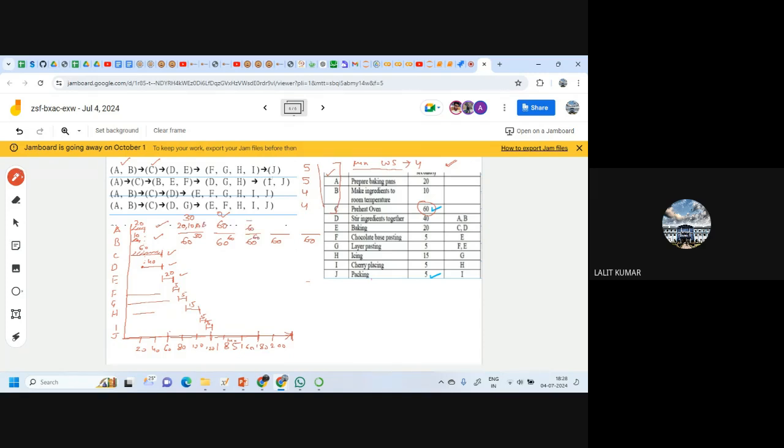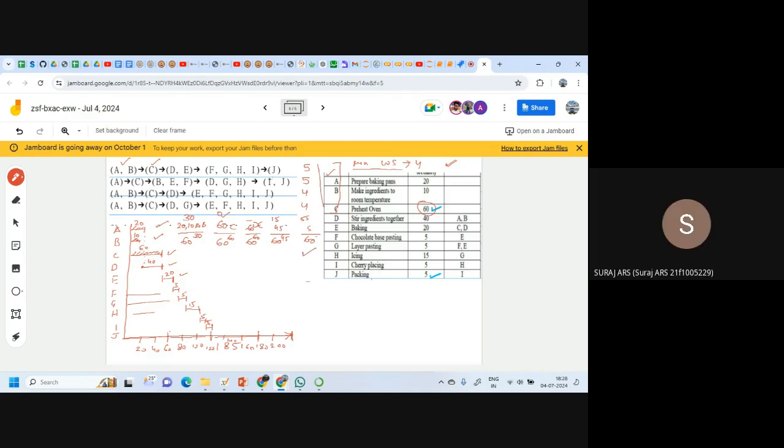A, B, C, D and E done. Then F, G, H, I. Time is 45 seconds, it can be done. Wastage is 15 seconds. And then we can do the last activity in 5, wastage is 55, and it can be done. Actually this is 30 seconds, not 45, I guess.